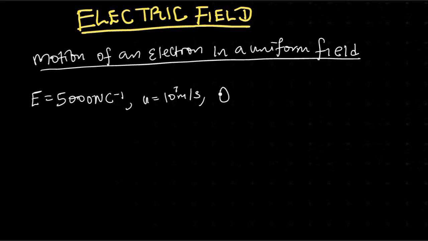Theta was given to be 30 degrees, and I think that's all the information we have here. So we are asked to find the maximum distance that the electron rises above the ground.